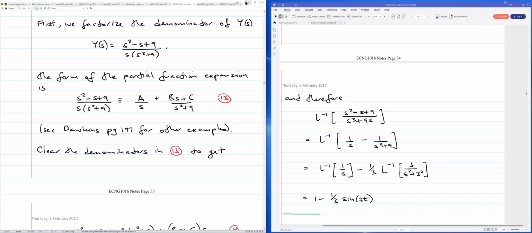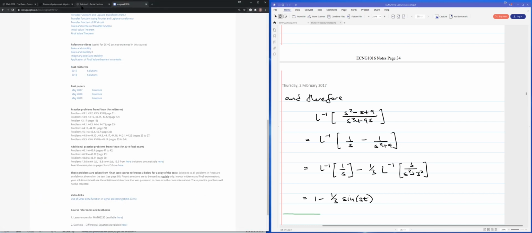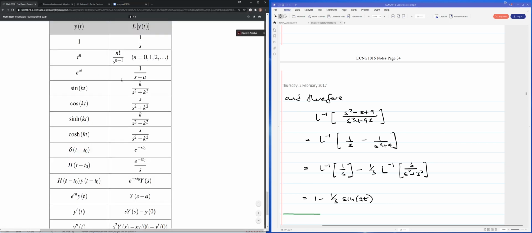And here, what I did is I realized, okay, this is s squared plus 9, so I would need to use my formula for sine kt. This is s squared plus 3 squared.